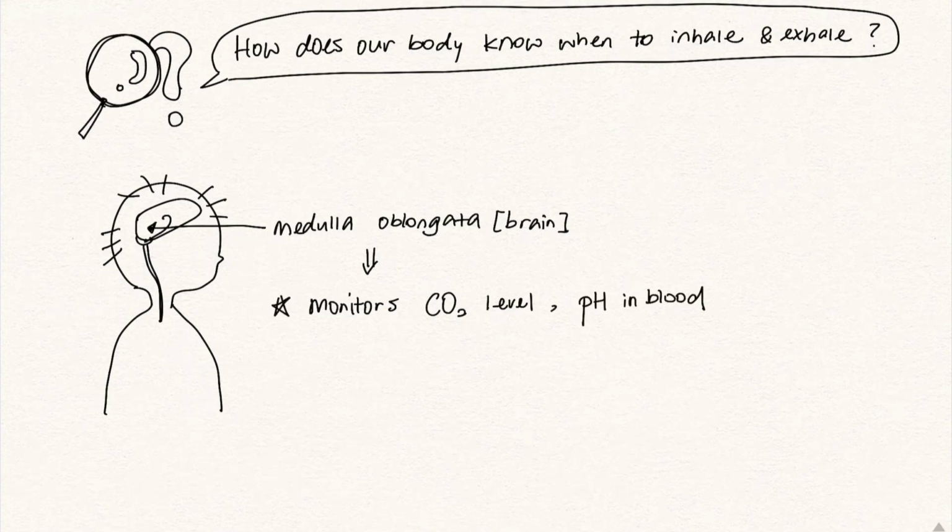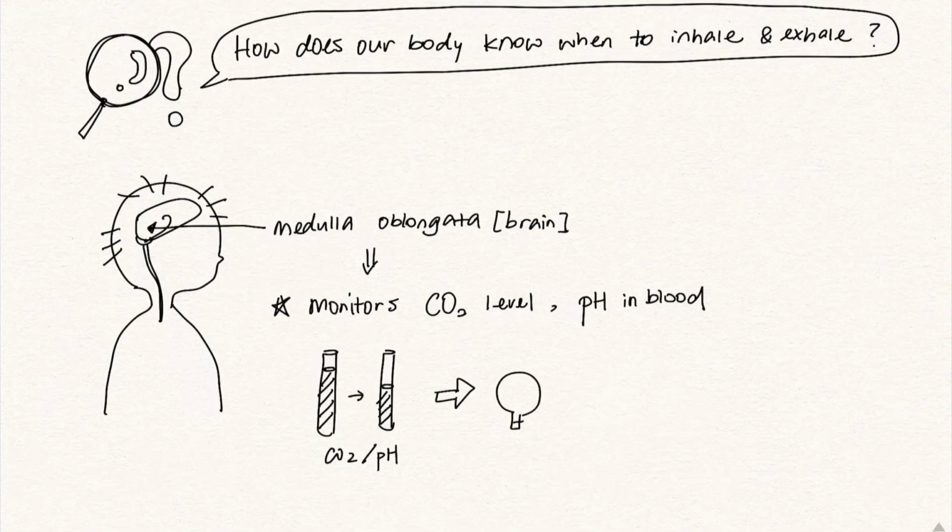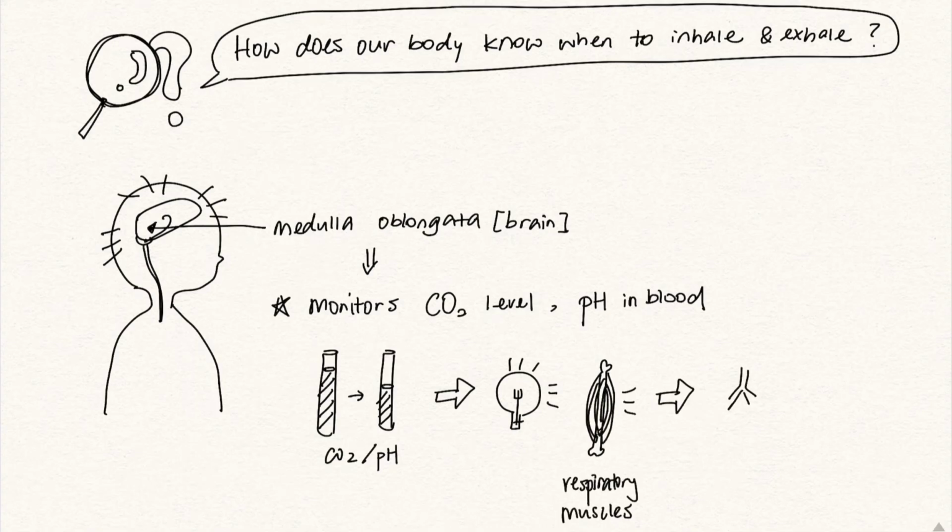So during breathing, it monitors the levels of carbon dioxide and pH level in our blood. When these levels change, it signals the respiratory muscles to adjust our breathing rates. And based on this signal, we adjust our breathing styles and rhythms.